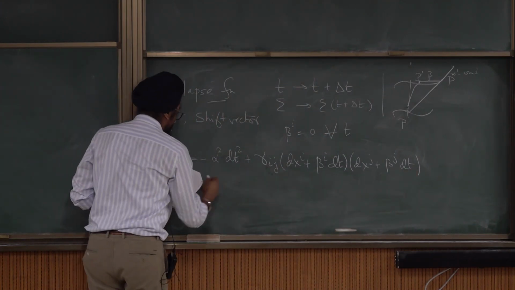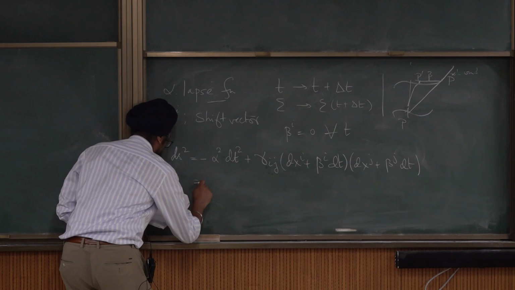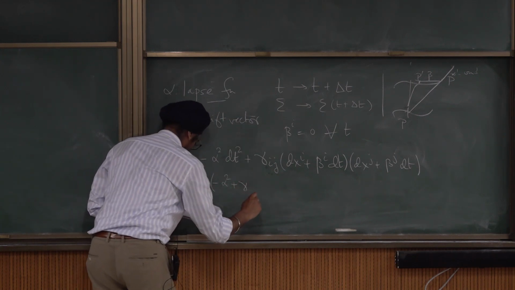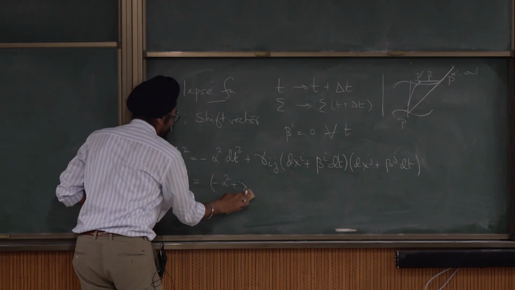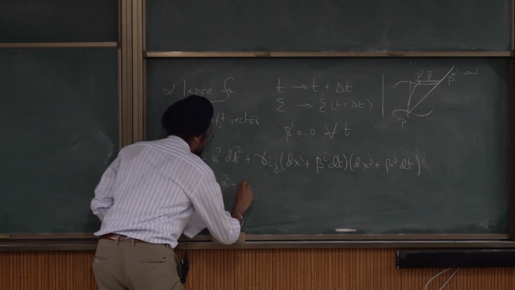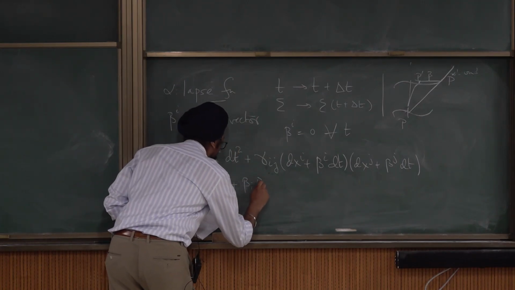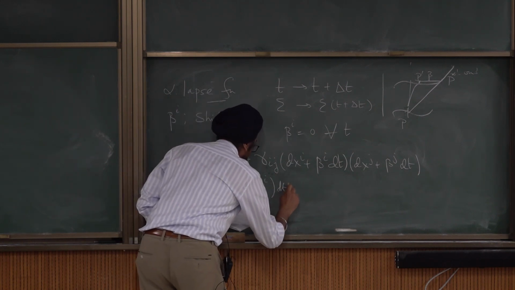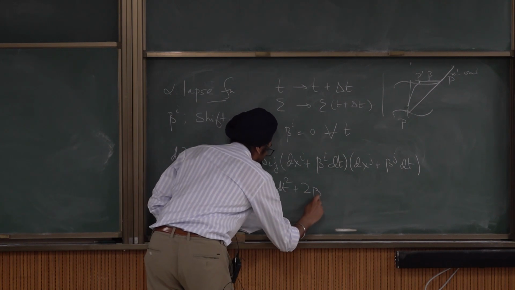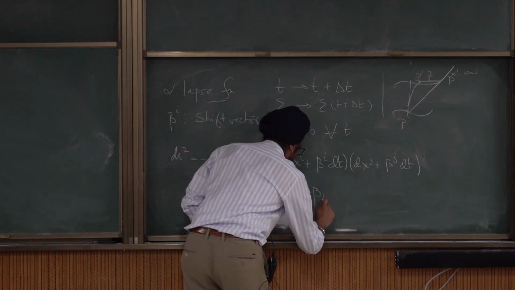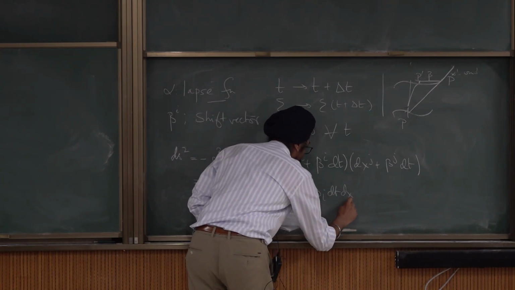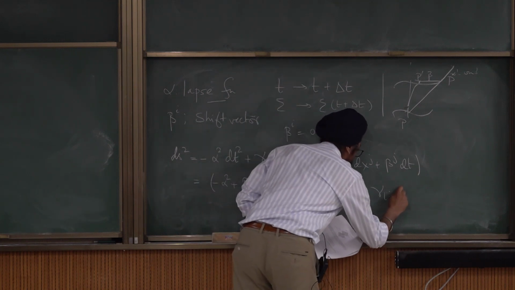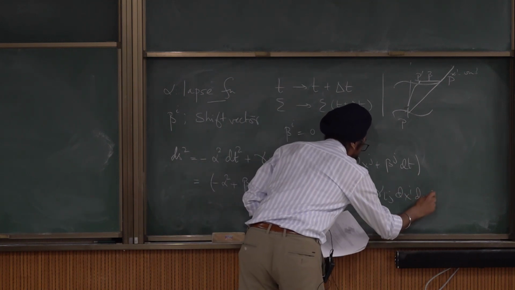I can also combine the dt terms together, so it can be written as (−α² + β_i β^i) dt² + 2 β_i dt dx^i + γ_ij dx^i dx^j. Okay.